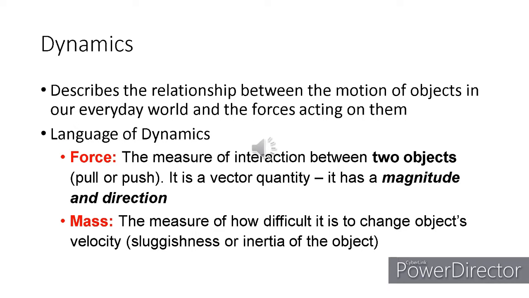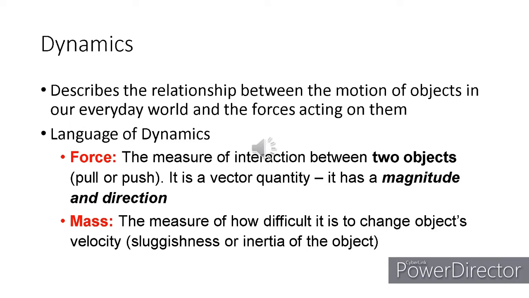First is force. Force is the measurement of interaction between two objects, the pull or push. It is a vector quantity. It has a magnitude and direction. So force is an exerted effort to displace or to accelerate a mass or an object.